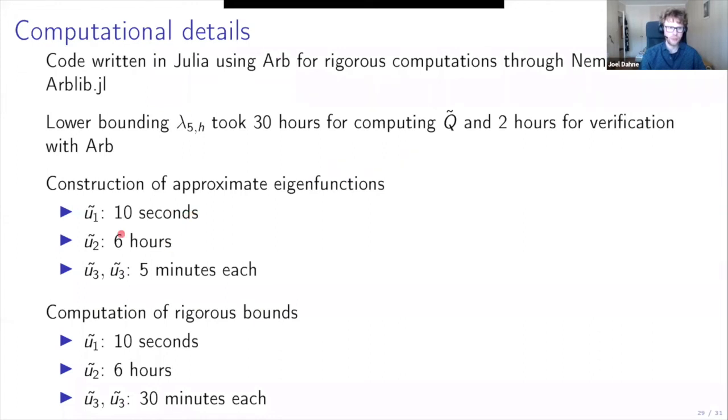U2 tilde, where we needed the most precision, took 6 hours, whereas U3 and U4 took only 5 minutes each. Computation of rigorous bounds were very similar to the computation of the approximation: 10 seconds in this case, 6 hours in this case, and then 30 minutes in this case. And then the proof that the nodal line is contained inside of this gamma was very quick, I think, a few minutes only.